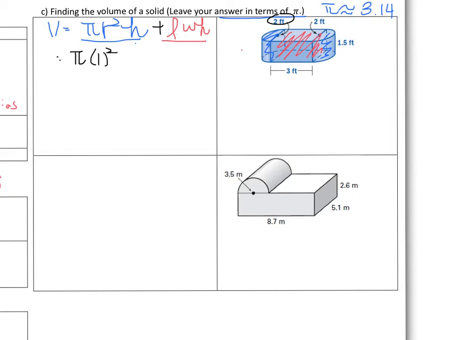The height is 1.5, the height of the cylinder. The length is, let's see, 2. The width is 1.5. The height is 3.